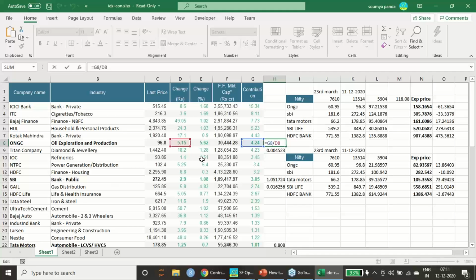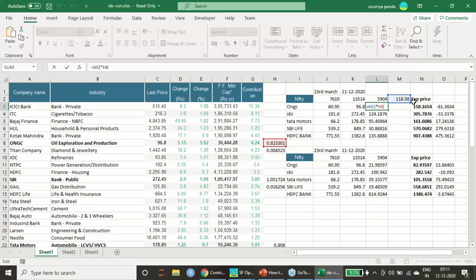Since the index contribution is in rupee terms, not in percentage terms, I am dividing the contribution, how many points it has contributed to the Nifty, plus or minus, by this 5 rupees. This gives me a contribution factor of 0.82. This 0.82 I am multiplying with 118.